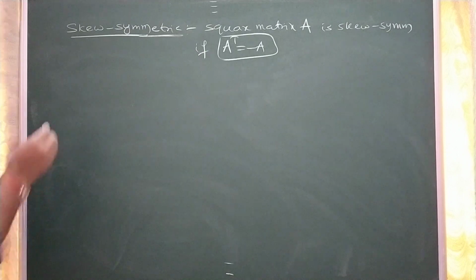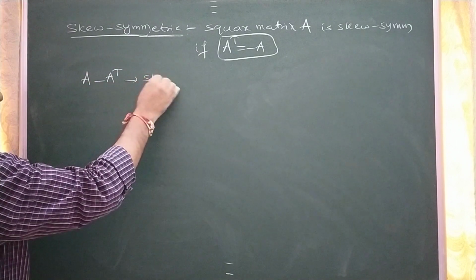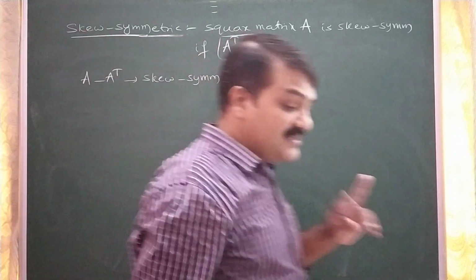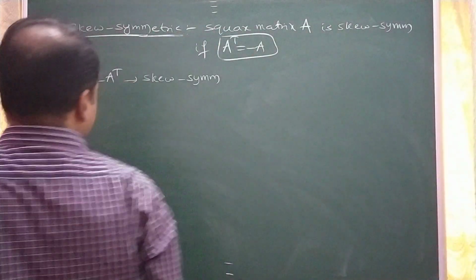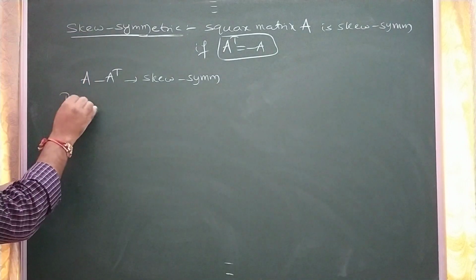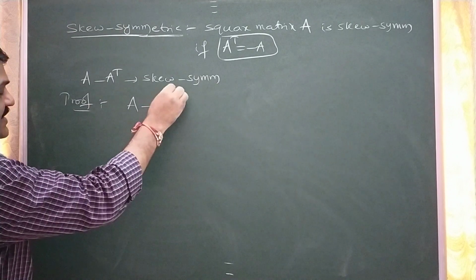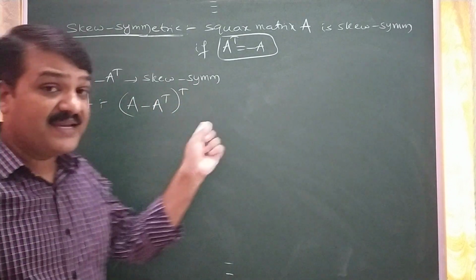Okay, and one more point is A minus A transpose is always a skew symmetric matrix. A plus A transpose is always a symmetric matrix. A minus A transpose is always skew symmetric. How? If you consider A minus A transpose whole transpose, you must get the negative of that.